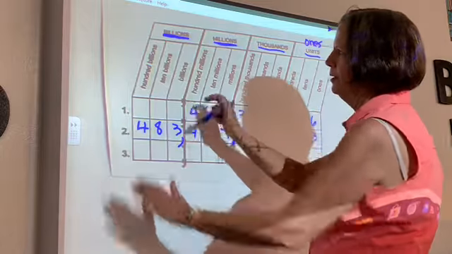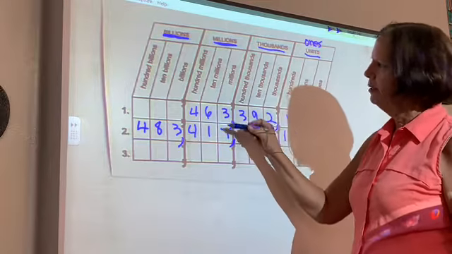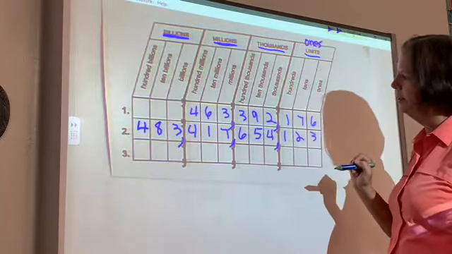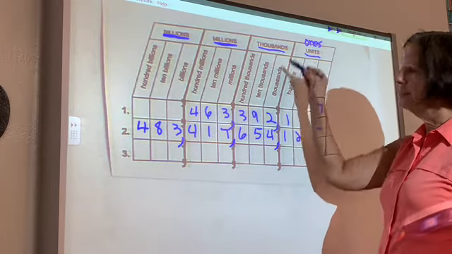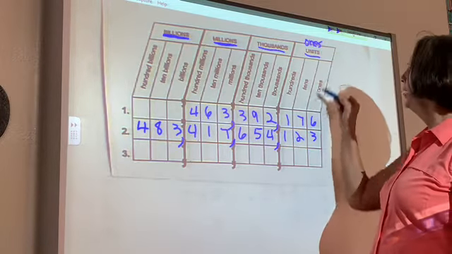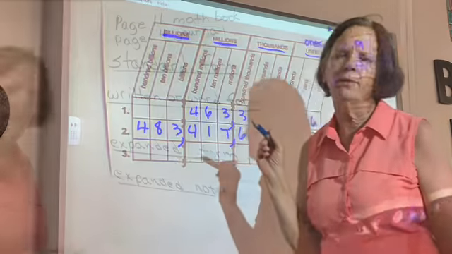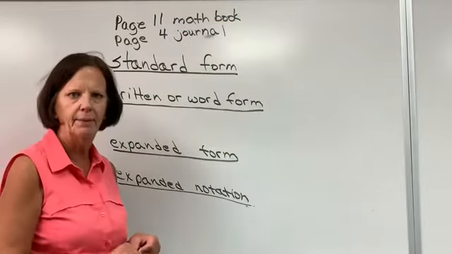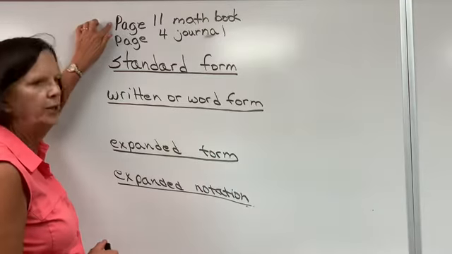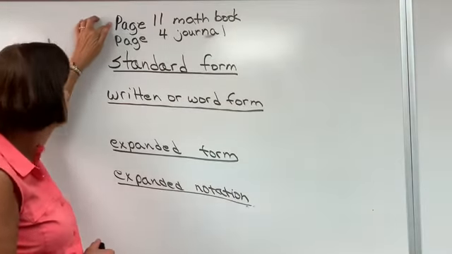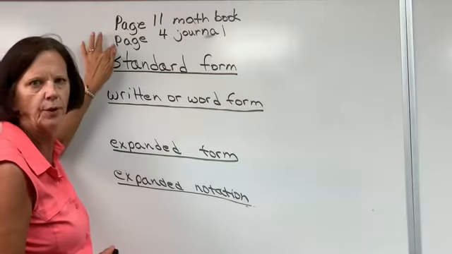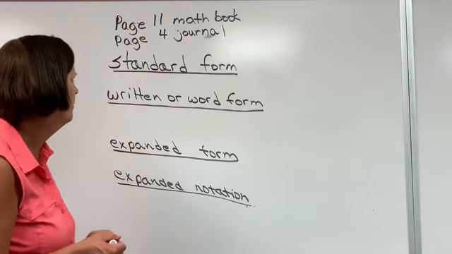So I have 483 billion, 417 million, 654,123. And again, notice that I never say the word and. Things that might help you: page 11 in your math book has a place value chart, and page 4 in our journal notes has a place value chart.